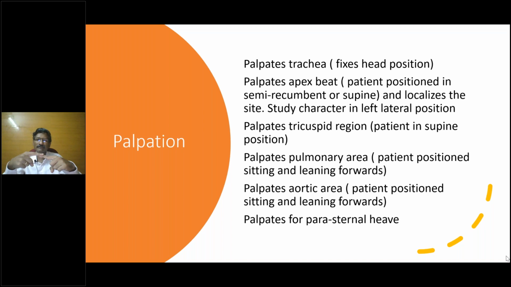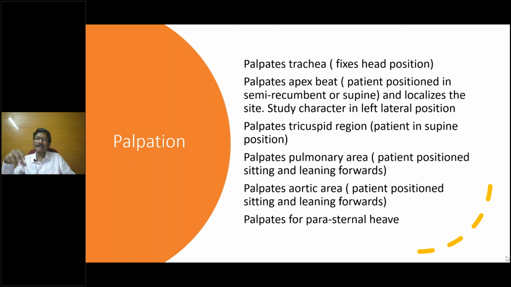I'm keeping the finger like this, so it will lift like this. This is the chest wall, this is the finger. You will feel a sustained lift. That is called a heaving apex. Now it will be displaced, which we have already found out.